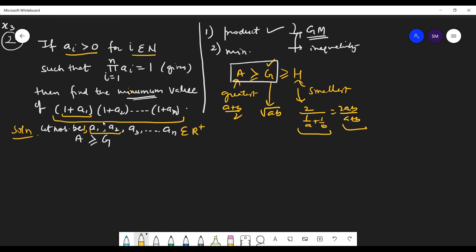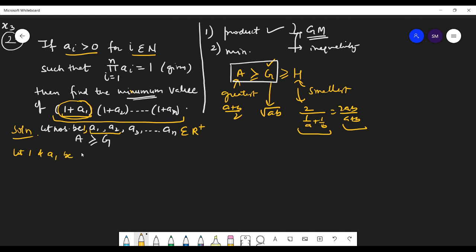You see here it is 1 plus A1. So what you will be taking? That's a hint for you. Let 1 and A1 be the two numbers.